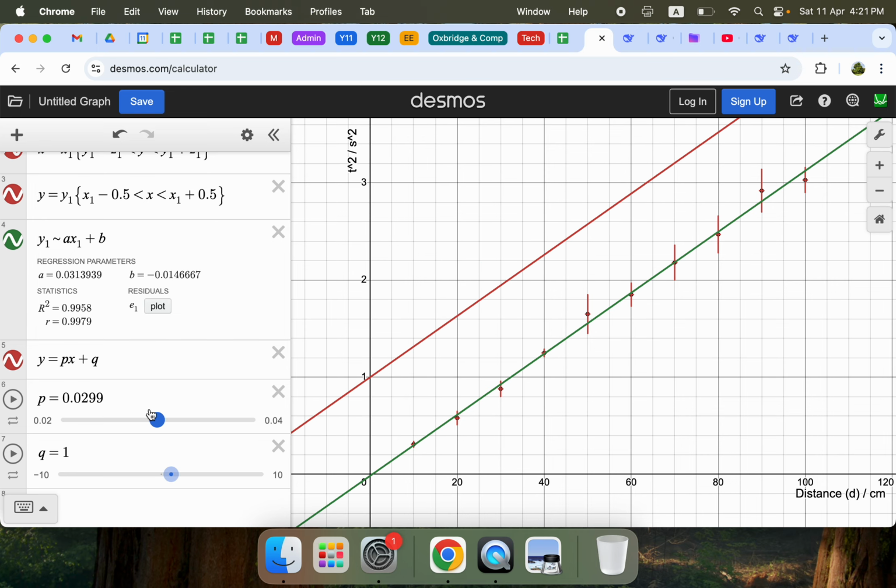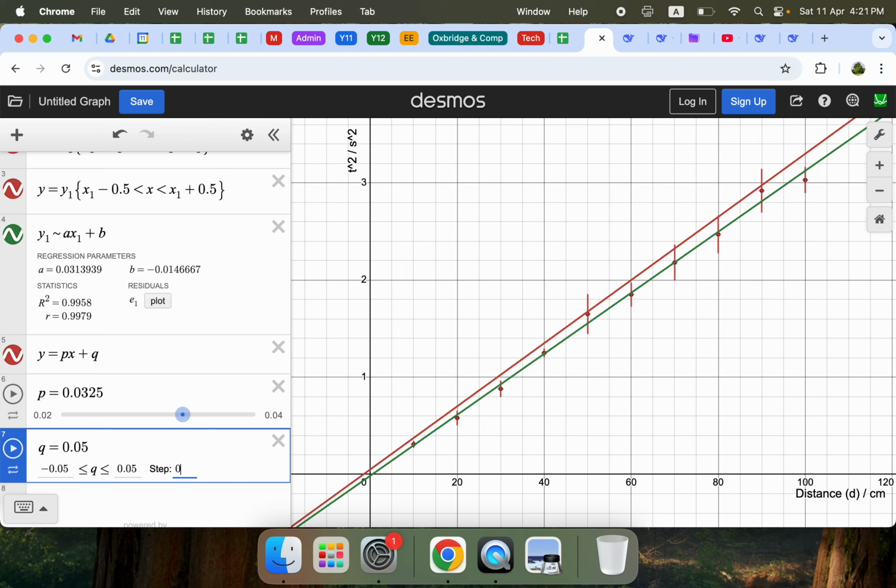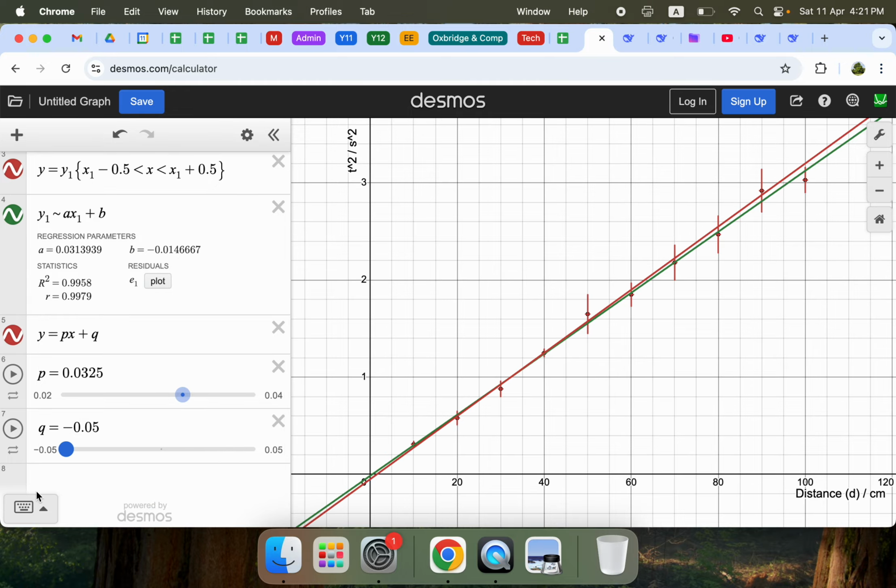You can see here is a line, I can change the slope. The y-intercept is close to 0, so why don't I try negative 0.05 to 0.05 in small steps. If I change that slider, then I'm changing the location of the line, shifting it up and down.